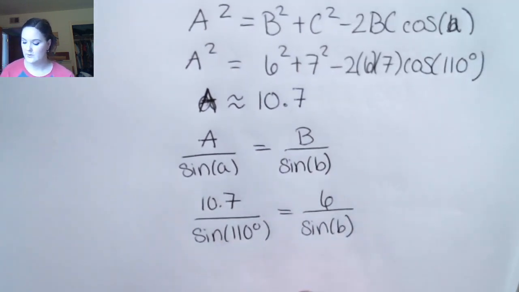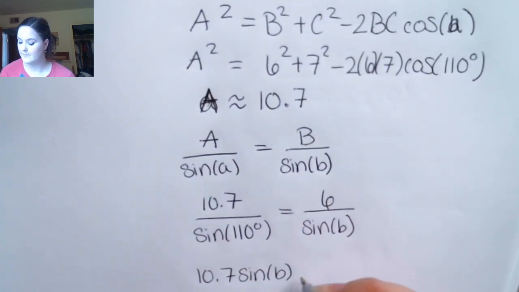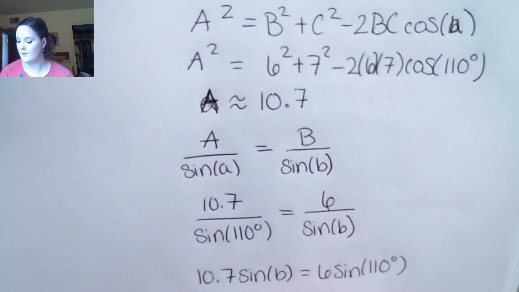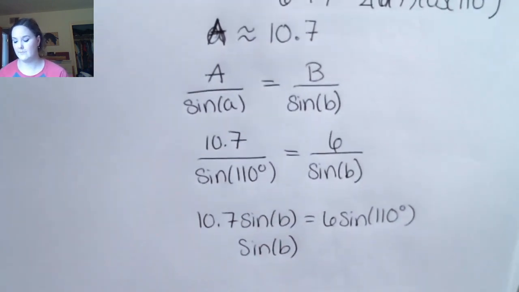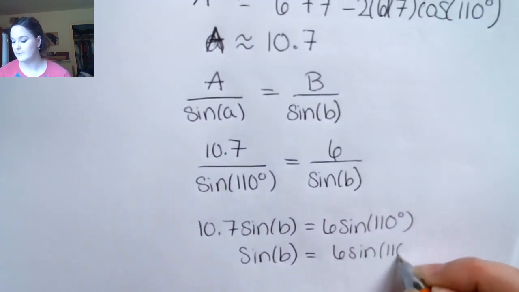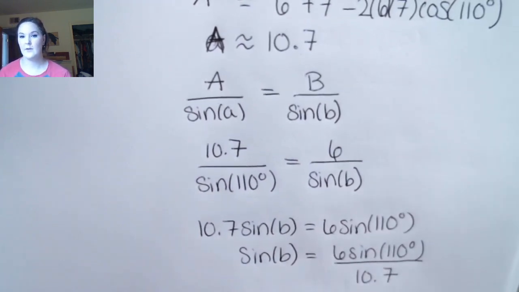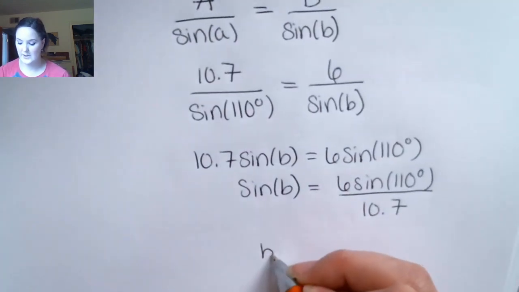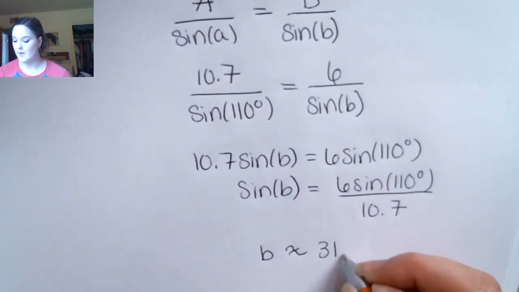Okay, so we would cross multiply. Okay, and then divide by 10.7. Okay, then we're going to use our calculator to get the approximate value of B. So B would be approximately 31.8.